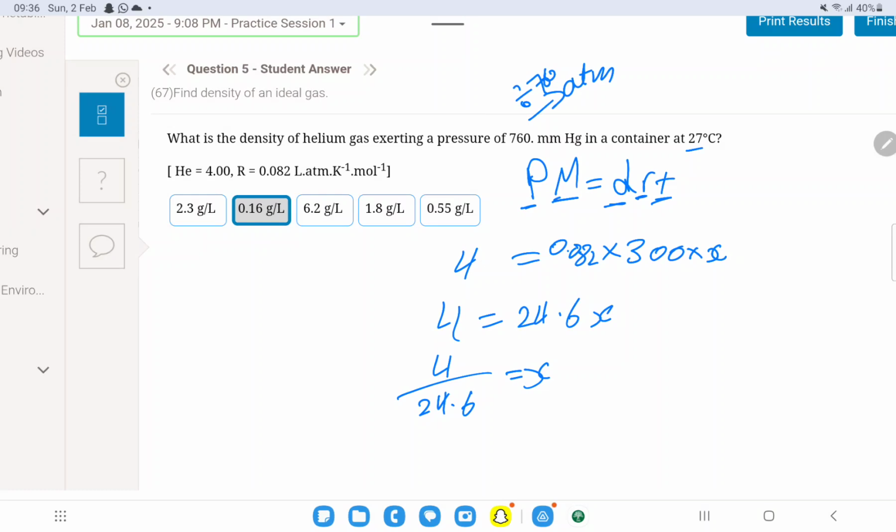You get 0.16 and a lot of decimals, 0.162. So you round it up into two significant figures because of the choices. It's 0.16 grams per liter.